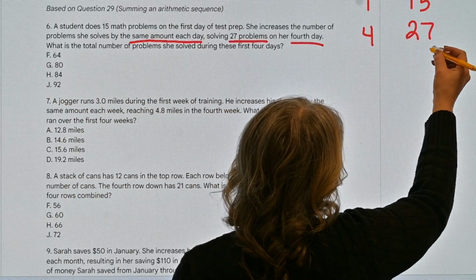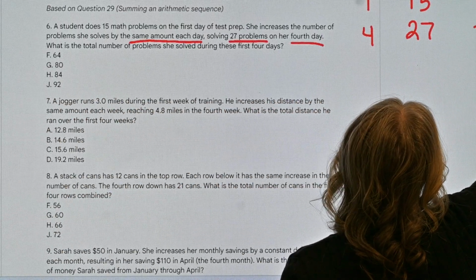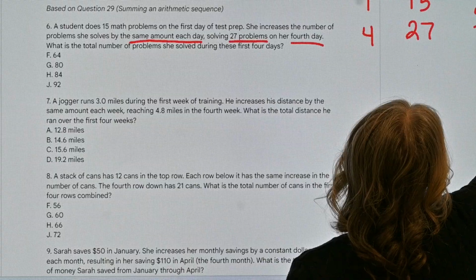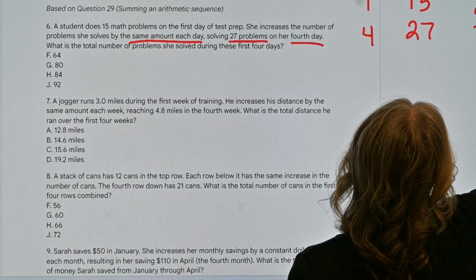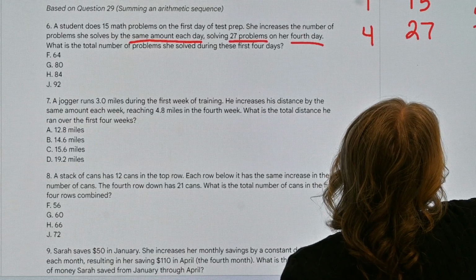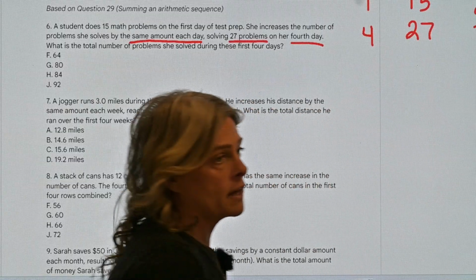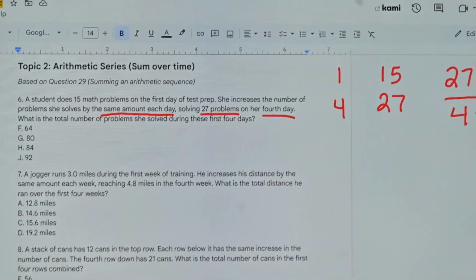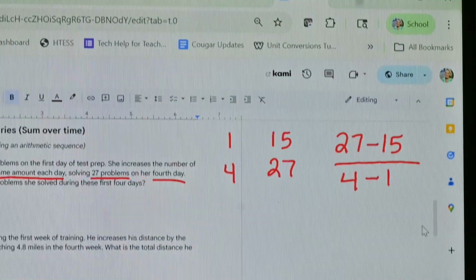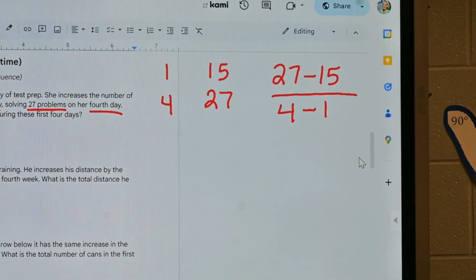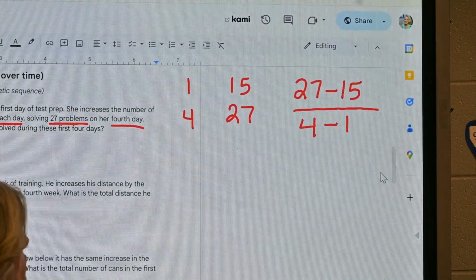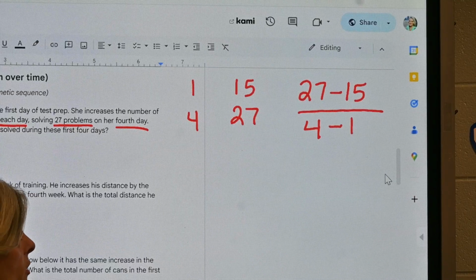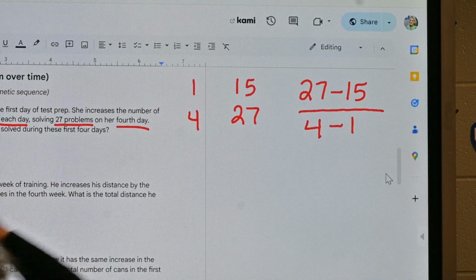So you need a fraction in your calculator. And on top you'll have 27 minus 15 over 4 minus 1. Go ahead and put that in your calculator and tell me what you get. 4. Okay, so then all we're going to do is fill in the other two that we don't have.